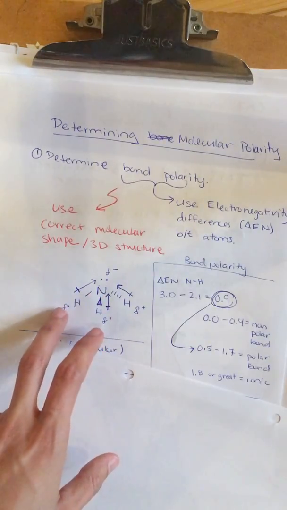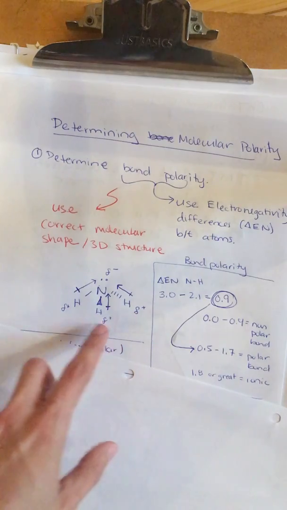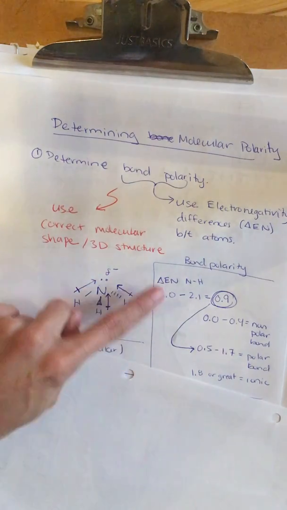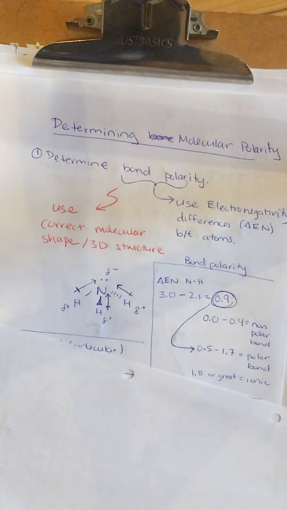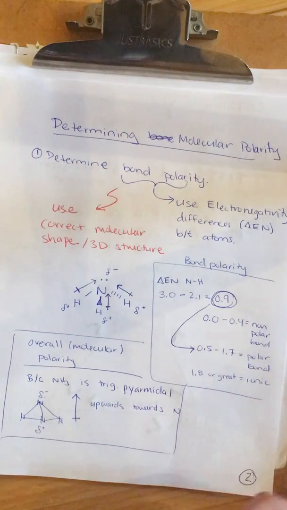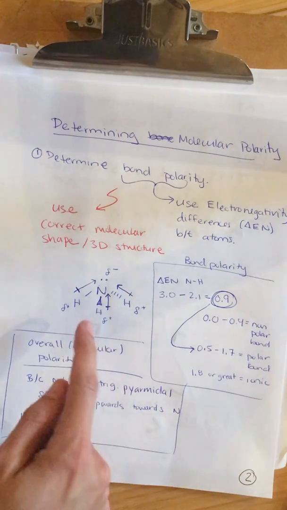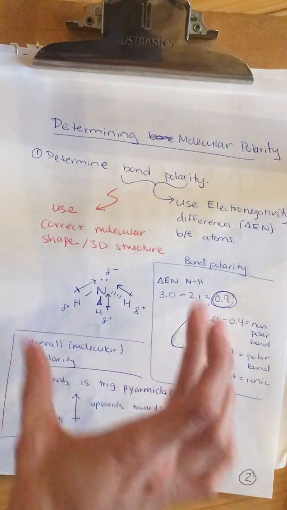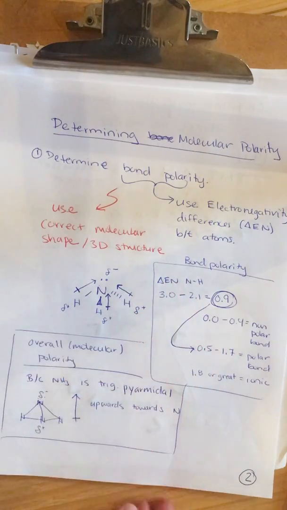So now that we have delta positives by the hydrogens and delta negatives by the nitrogens, and we know that the overall shape of this structure is trigonal pyramidal because we have a steric number of 4, but there is a lone pair present, so that's going to push the bonds closer together.